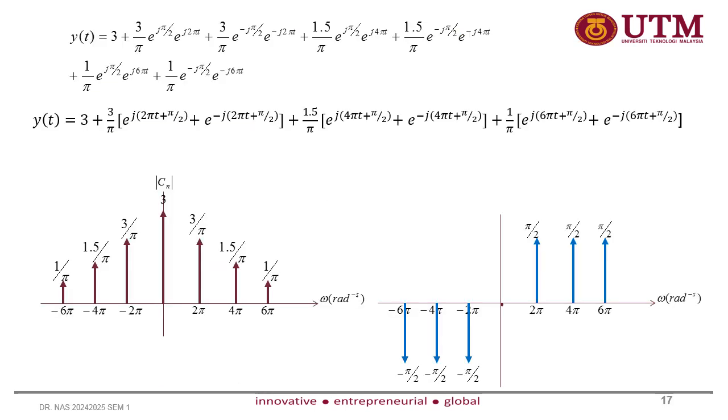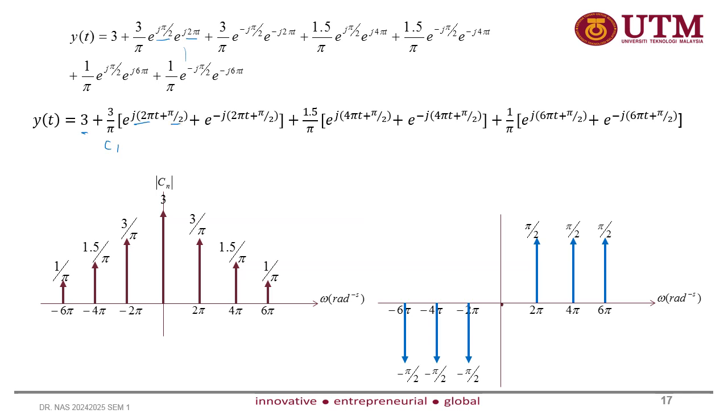Once you have completed the equation, you can simplify it by grouping terms based on the frequency. So this is the c0, this is the c1, both positive and negative values. When you have positive frequency, you have positive phase shift.